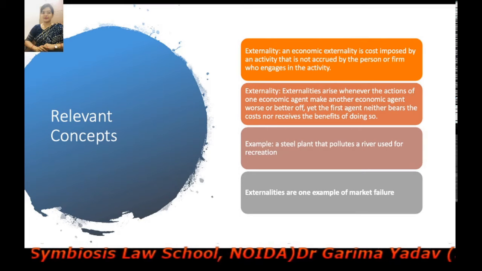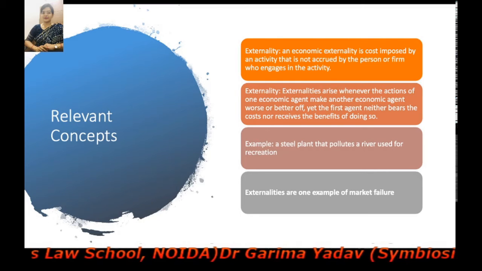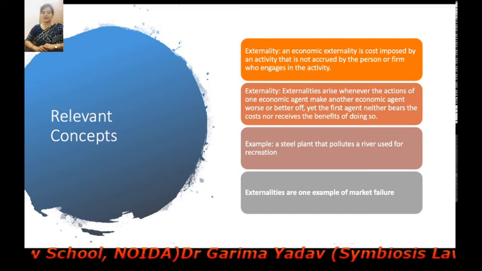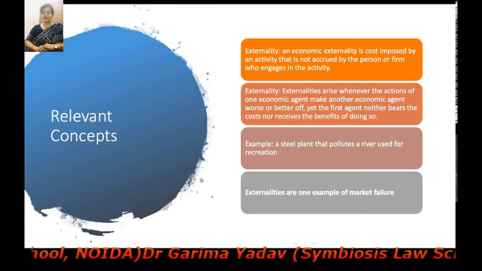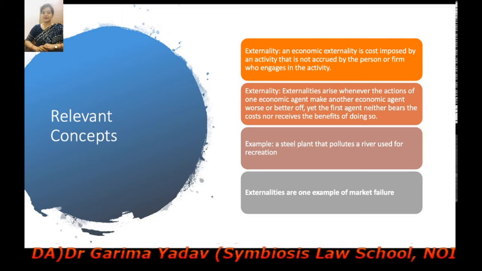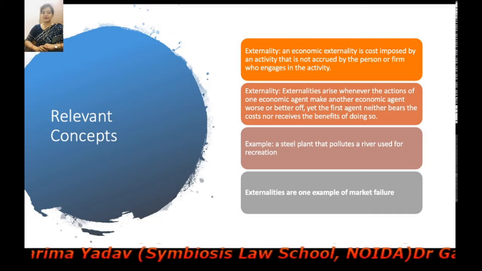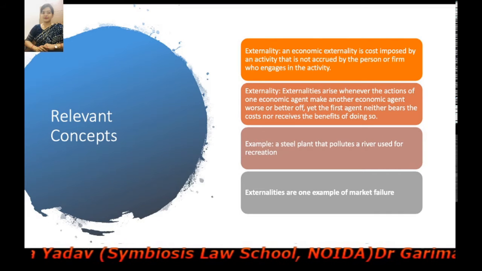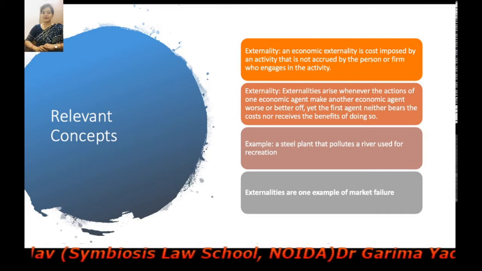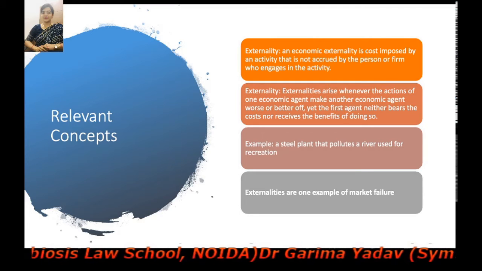So through this example of externality, we can understand how environmental degradation or the pollution of the river is something that is of concern for us. But traditionally, this problem was not considered while taking any decisions regarding the steel plant.